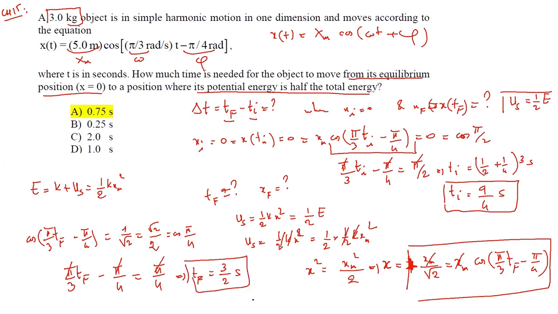Now I can calculate delta t, which is the absolute value of t final minus t initial. So basically 9 divided by 4 minus 3/2. 3/2 is 6 divided by 4 of a second. And this will give me 3/4 of a second, which is 0.75 second, which is the answer here.